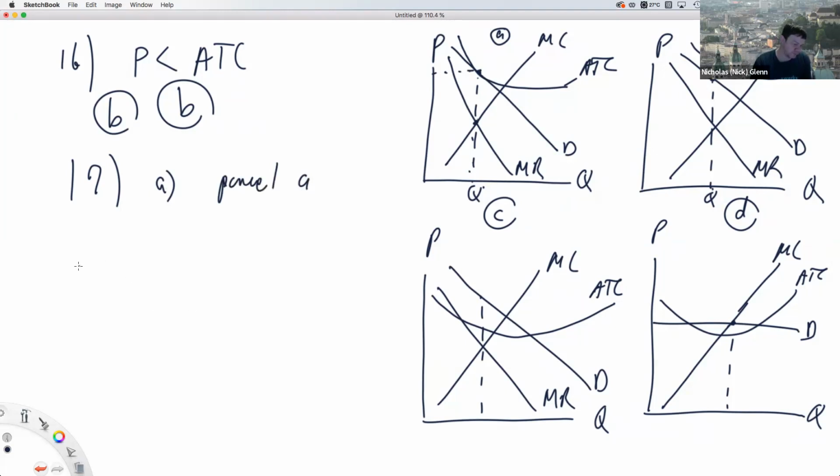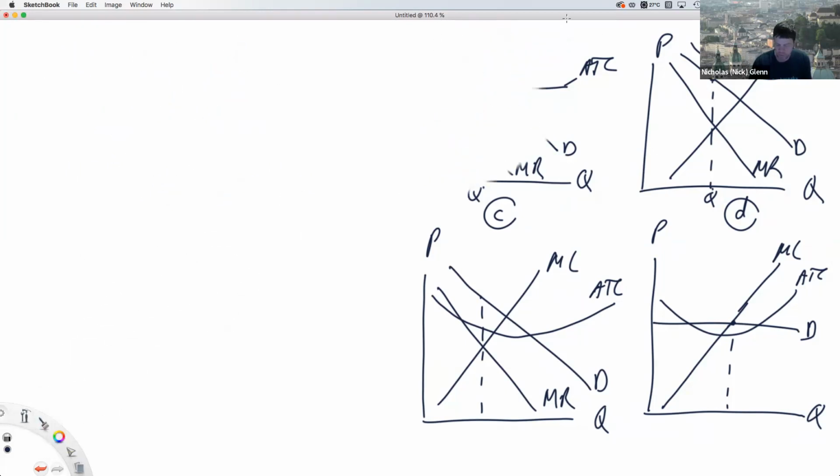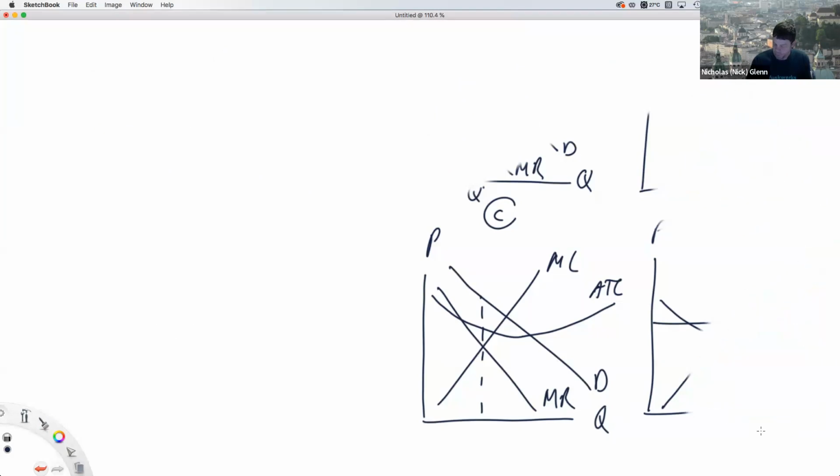All right. Let's erase this. Okay. Some firms have an incentive to advertise because they sell. If it's a homogeneous product, like in perfect competition, well, then, there's no need to advertise.